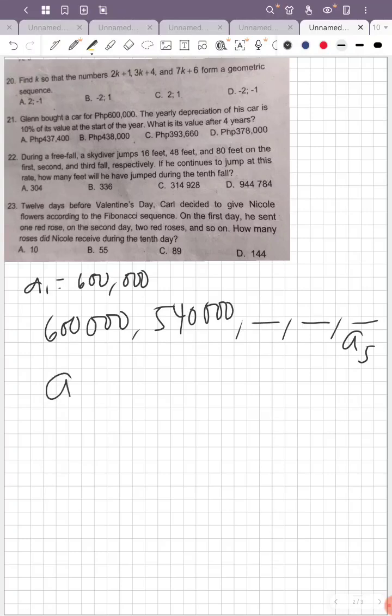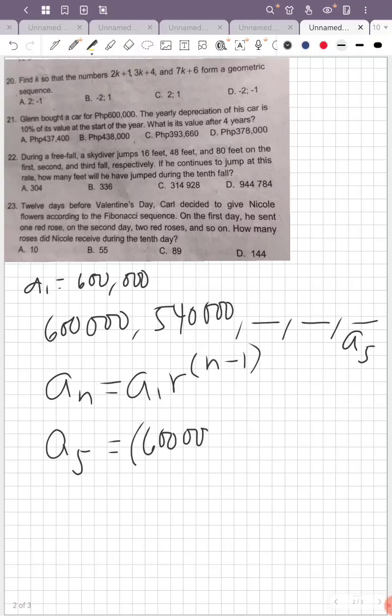So we're gonna use the formula for finding the nth term. A sub n is equal to A sub 1 times r to the power of quantity of n minus 1. So A sub 5 is equal to, A sub 1 is 600,000 times the r. The r is 540,000 divided by 600,000.